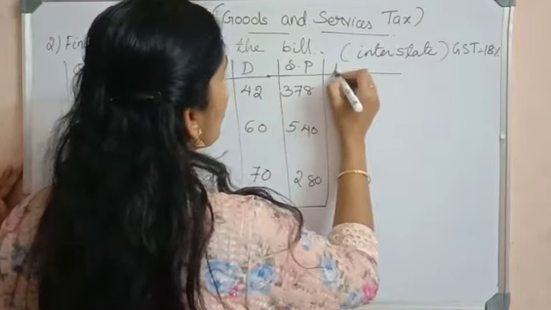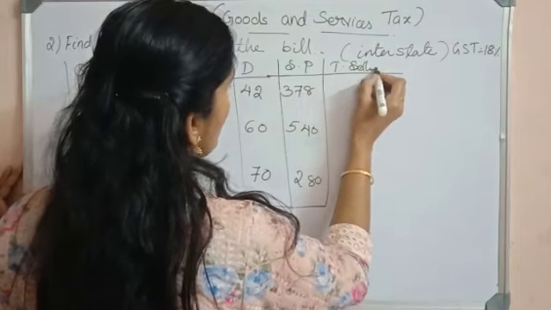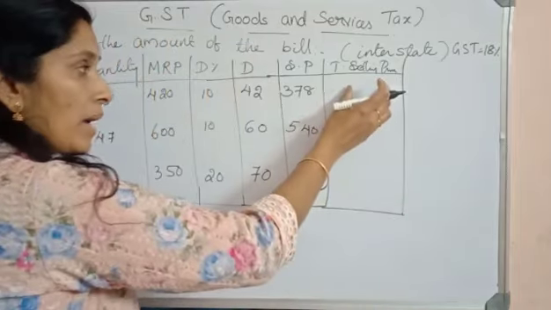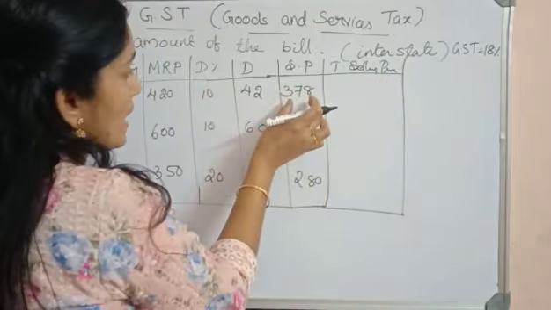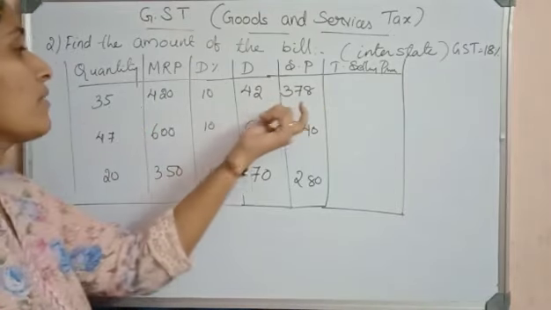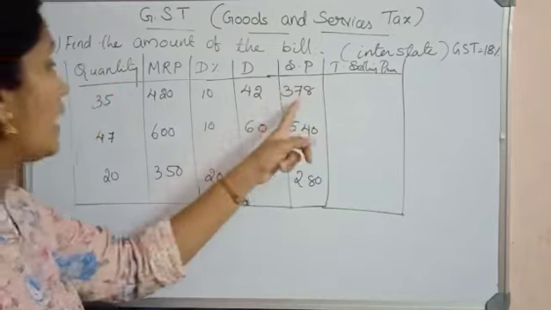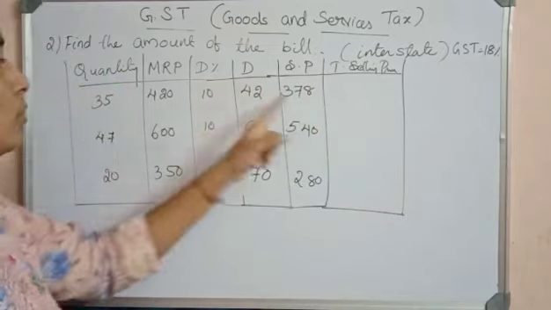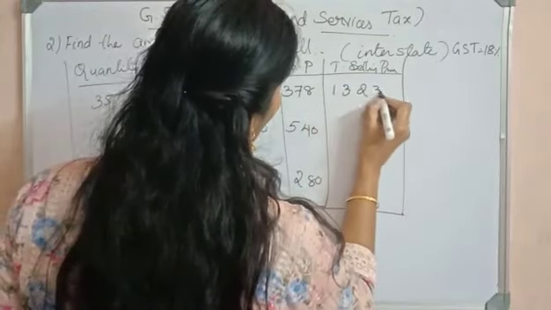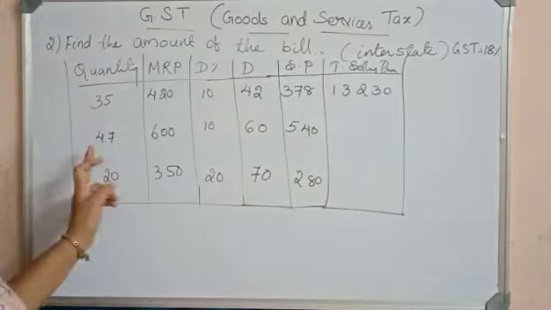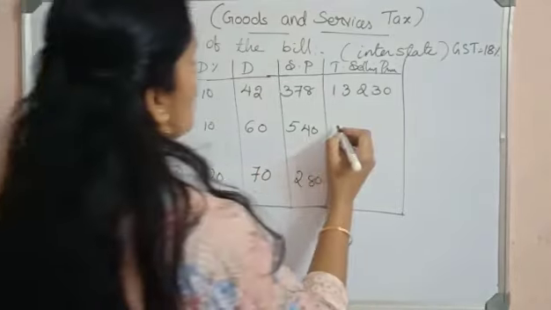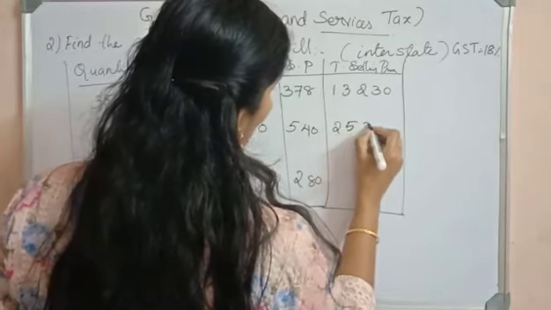Now we need to know the total selling price. Here the total selling price is obtained by multiplying the selling price of one object with the number of objects. Here 378 is the selling price of one object, and 35 into 378 is equal to 13,230. And here this is 47 into 540, and that is the same as 25,380.